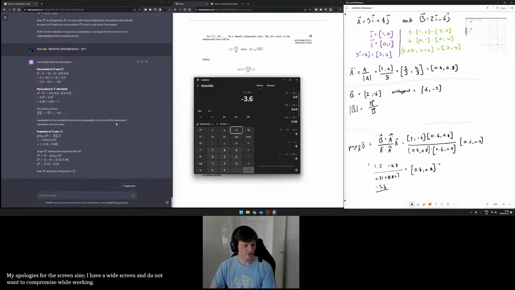Now B should be orthogonal to A. Divided by, let's just do this, 0.36 plus 0.64 equals 1.